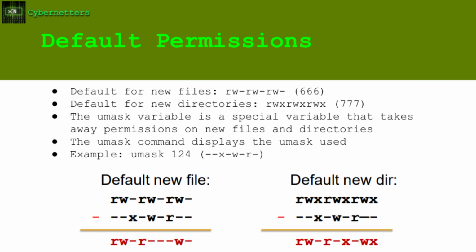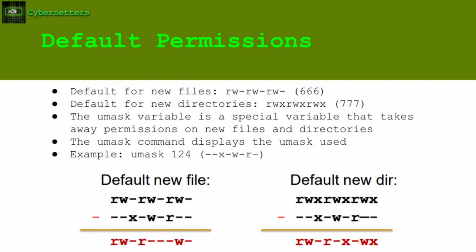So for example, let's use umask 124, which, remember, works by subtracting the given value from the default permissions. So 124 in binary here would be --x -w- r--.